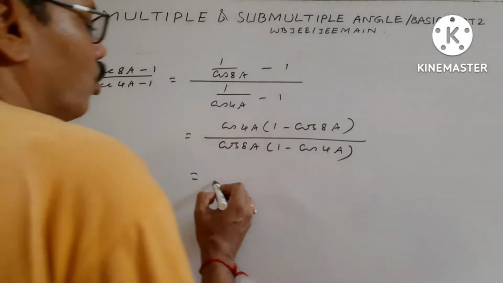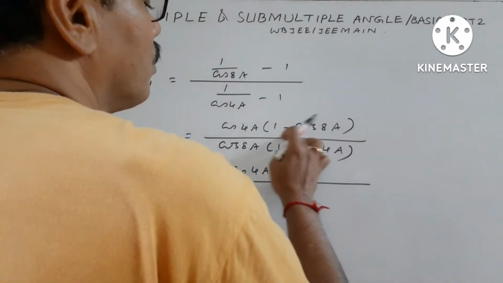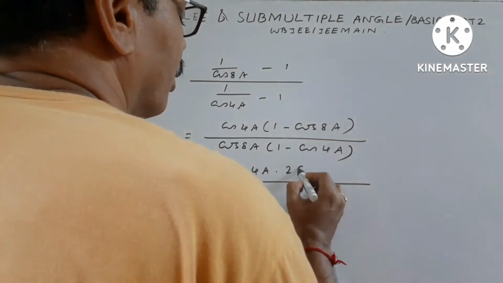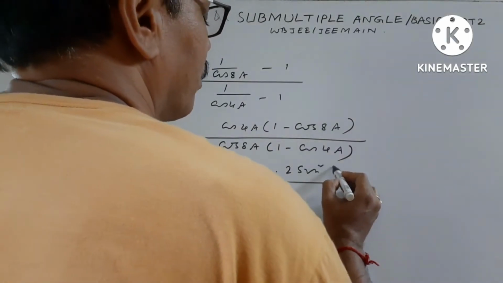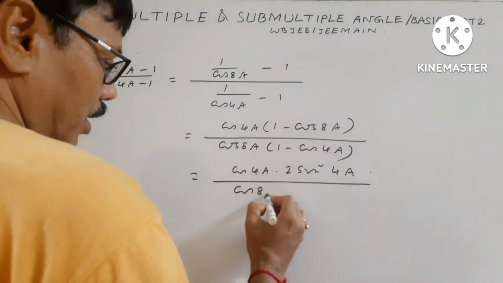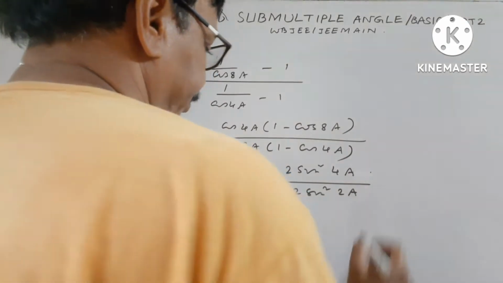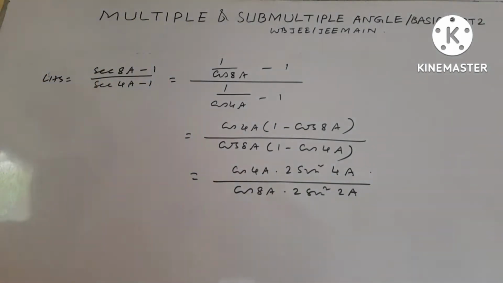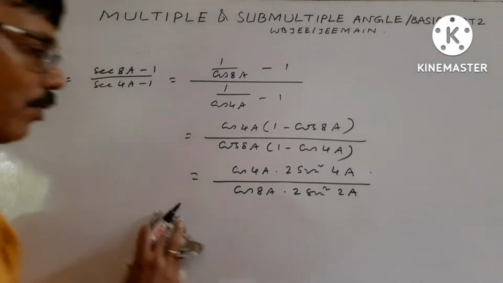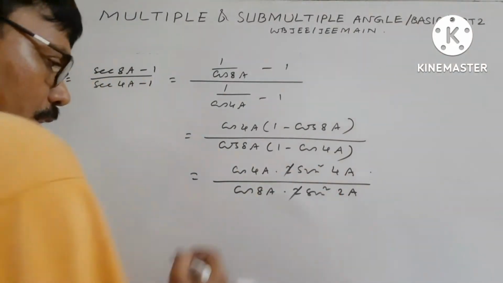Now use the formula. Cos 4a unchanged. 1 minus cos 8a is 2 sin square 8a by 2, that is 4a. So the 2 cancels.